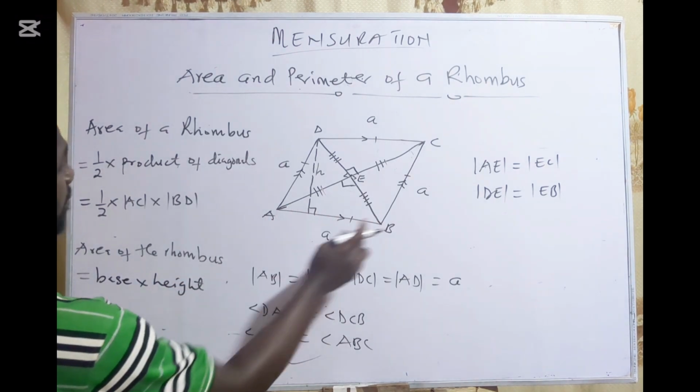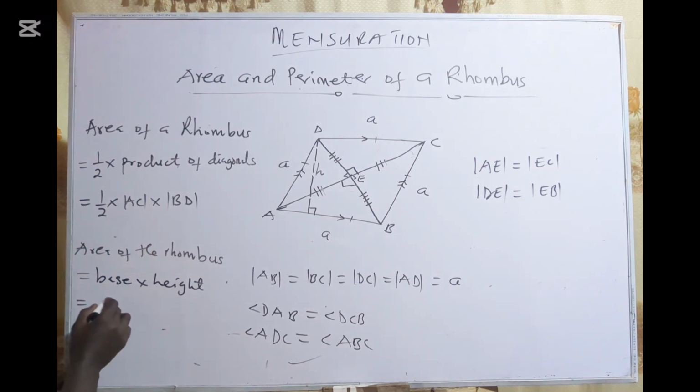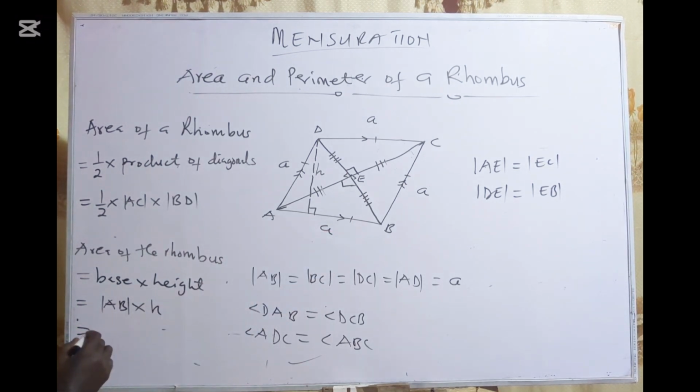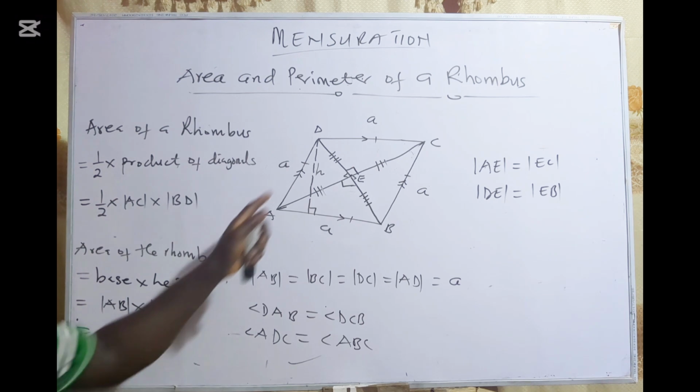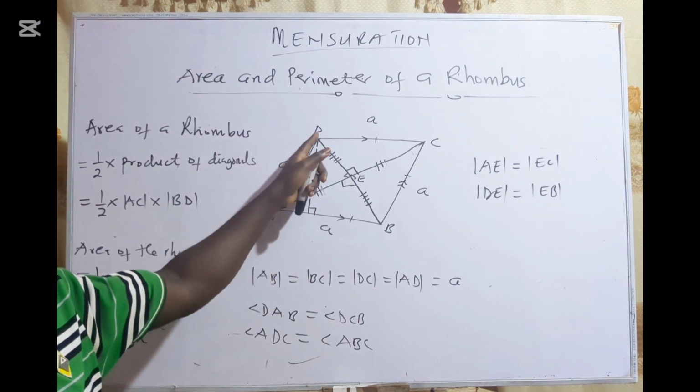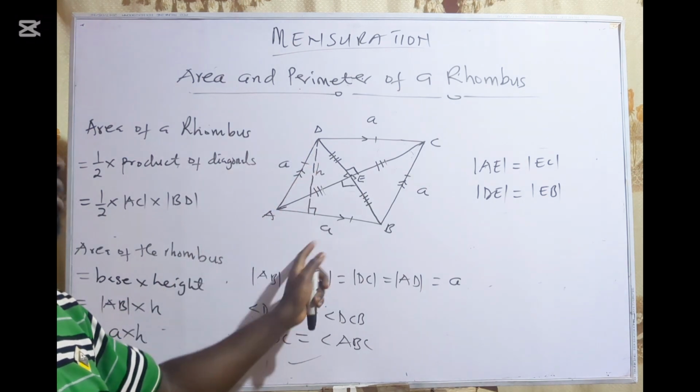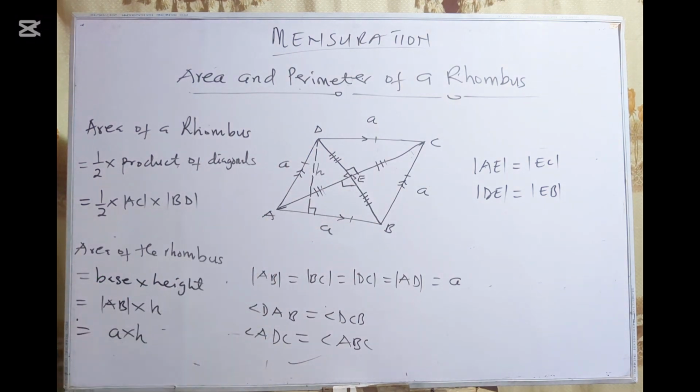My base here is AB, which I have labeled as a, so a times h, or a by h. So if you know the perpendicular height and the base, and you know all the sides of a rhombus are the same, you can find the area. So this is about the area of a rhombus.